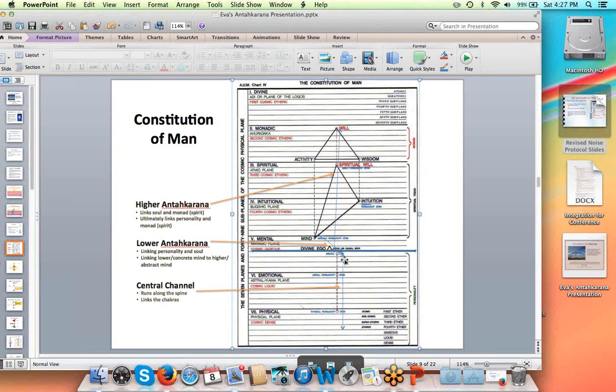Now, I don't know if you can see this here, but on the 4th subplane of the entire mental plane is what is called the mental unit. See a little dot here, the mental unit. That mental unit basically represents, I say represents because it's not identical to, our personality, because by that time we're fairly mentally focused.